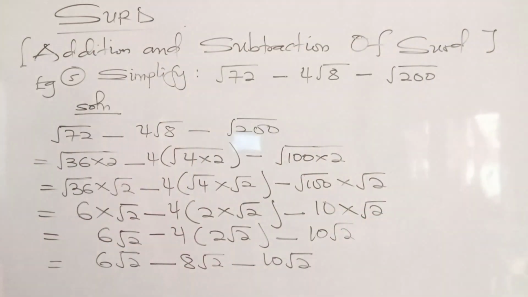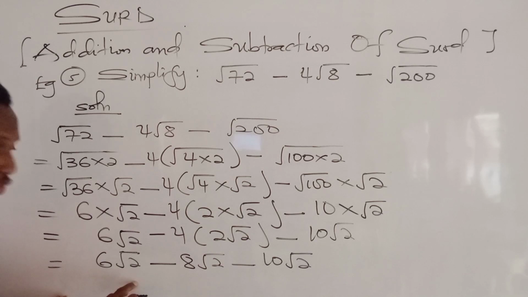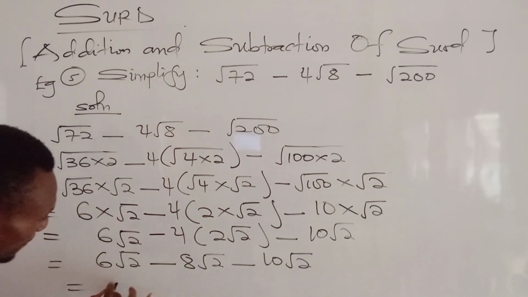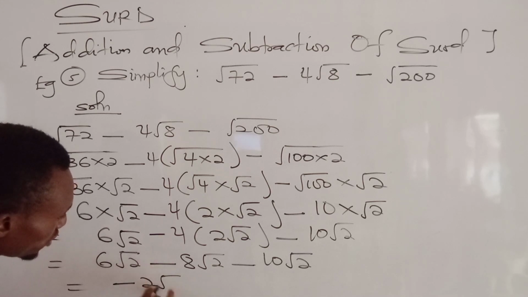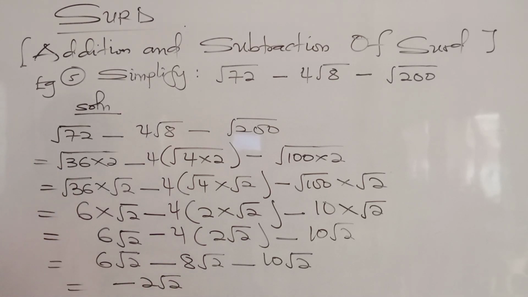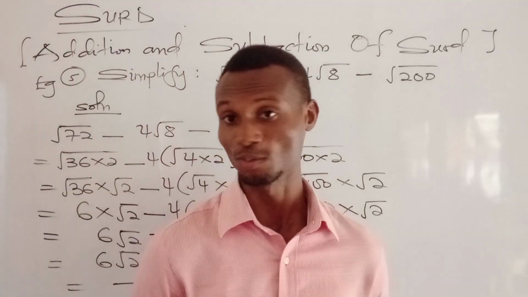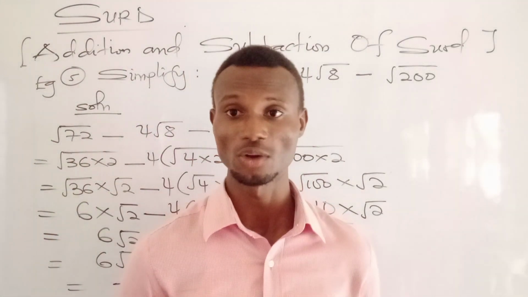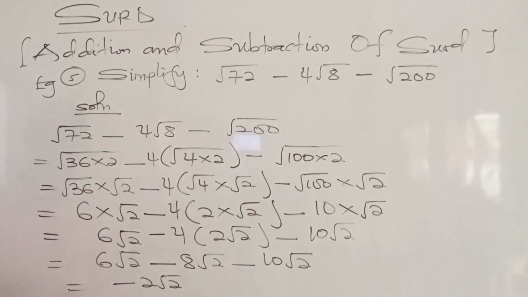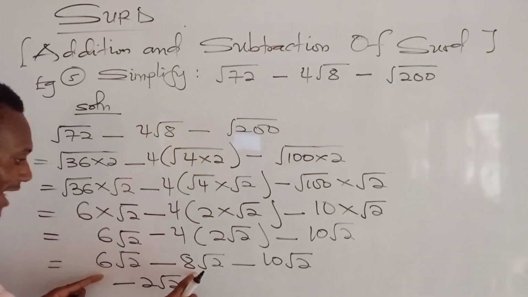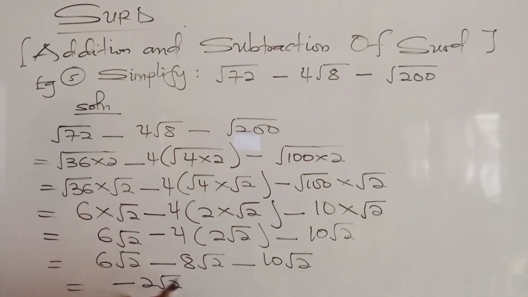Okay, so let's go ahead. So the 6 root 2 minus 8 root 2 is going to give me minus 2 root 2, and I hope you agree with me. Because we deal with the coefficient, we've done addition and subtraction of sets, so we are applying that knowledge here. So we deal with the coefficient. 6 minus 8 gives minus 2, so minus 2 root 2.